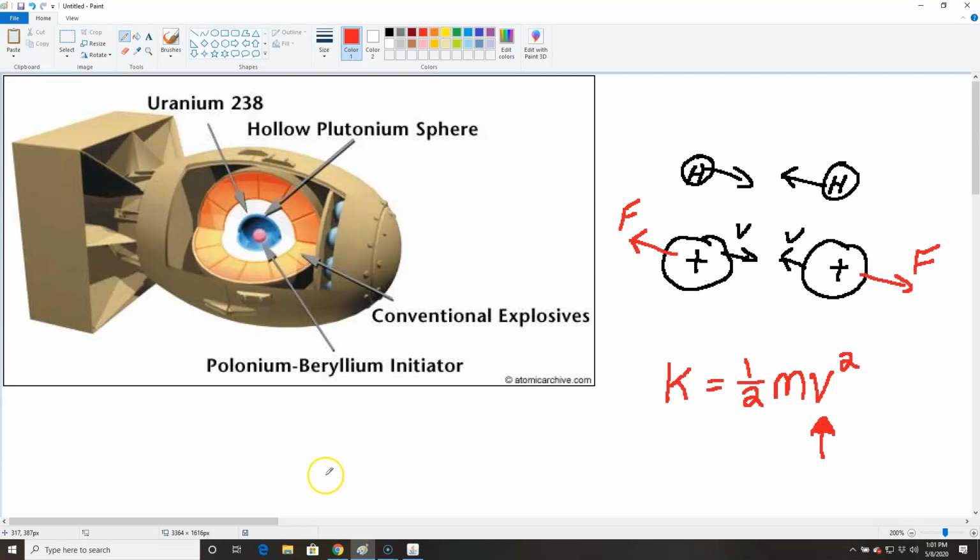The downside is we don't know how, at least not at the moment, to get the hydrogen to be hot enough to naturally fuse itself without using something like a uranium or plutonium bomb. That's not going to be effective, though, because you don't want your power plant to turn into a thermonuclear device.